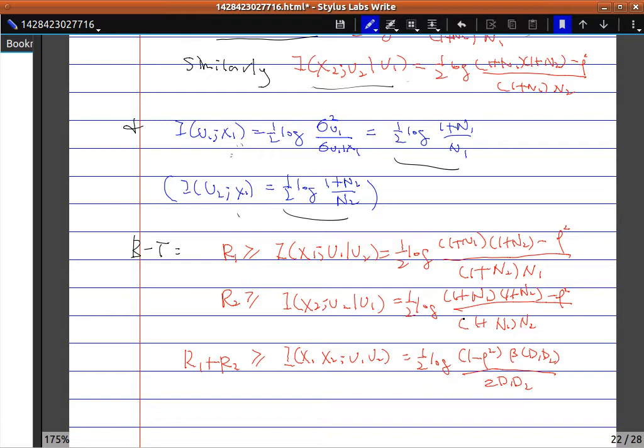We have something like a region, something like R1 plus R2 is bigger than this term here.